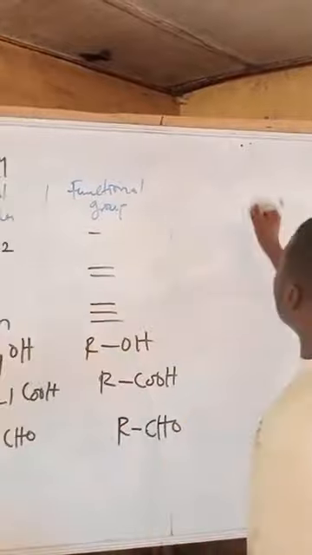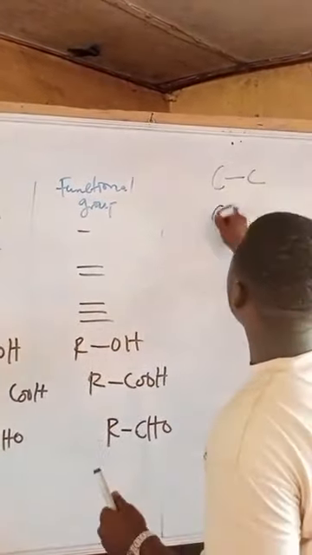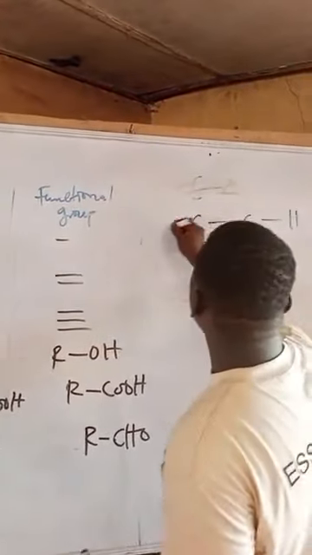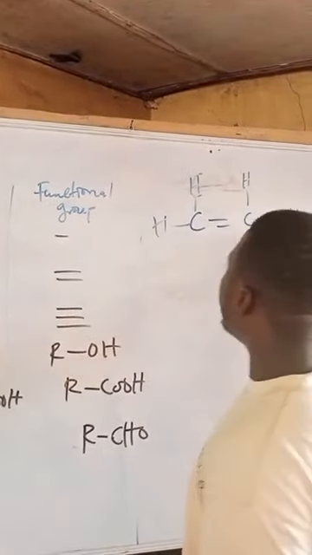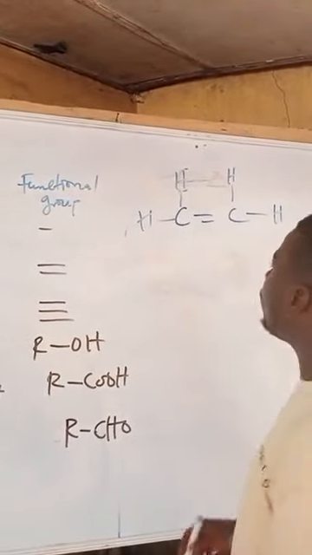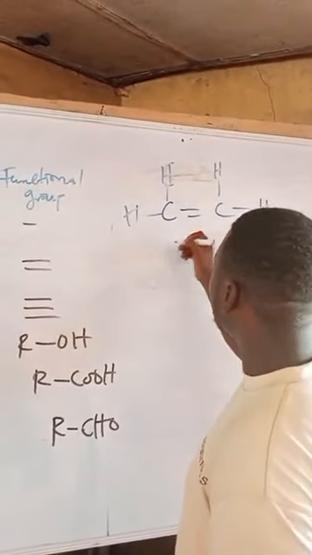So moving forward, let's look at this compound. We have a double bond, right? Because of the presence of the double bond, the two hydrogens on that will go. So what is the name of a carbon with two atoms?